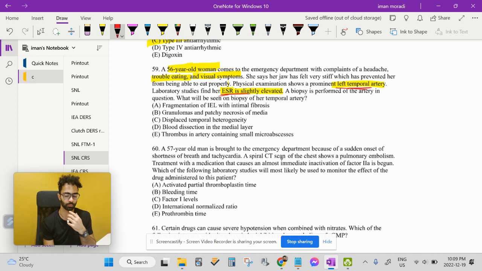The answer to this question is basically what you see on the pathology, fragmentation of, which is A actually. In this one, I just remember the internal elastic lamina gets fragmented, and you get a lot of fibrosis within the intima, and it decreases the lumen a lot.